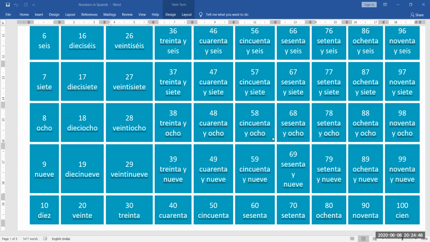Cincuenta. 50. Yes. Does anyone want me to repeat the pronunciation once again?